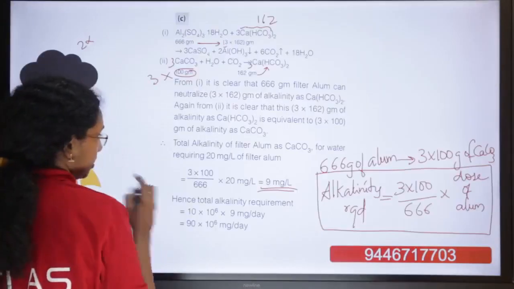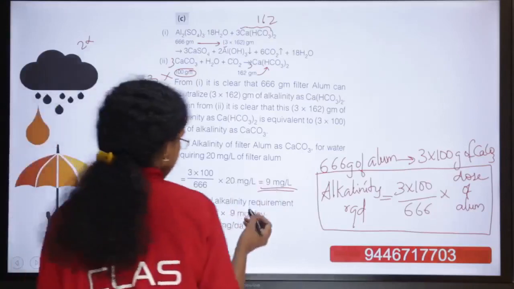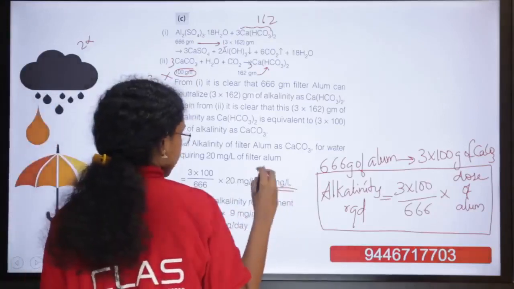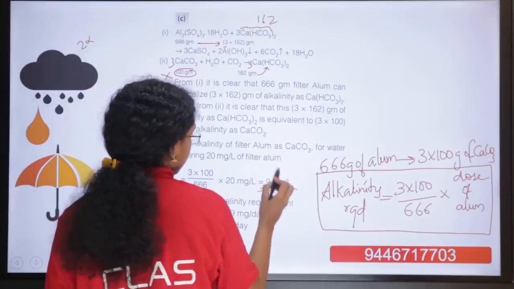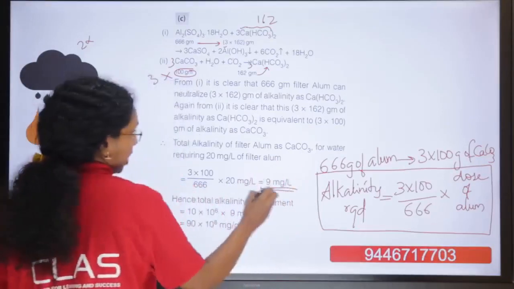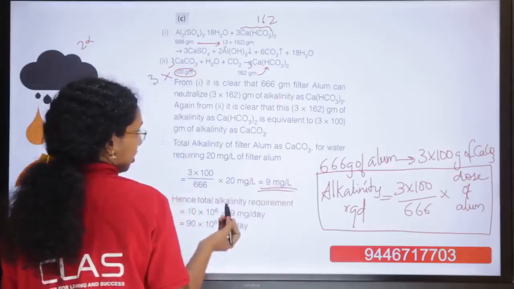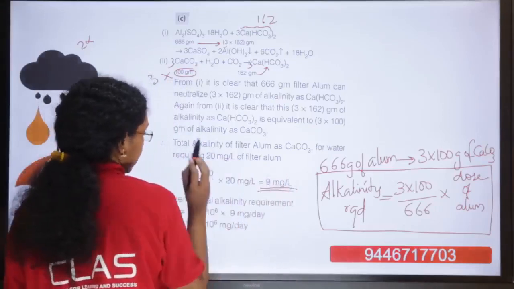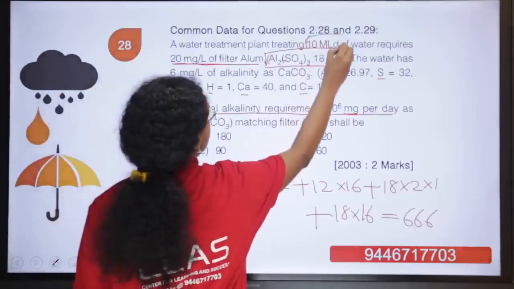So for that, the total alkalinity required is in milligram per liter. Now this is for 1 liter water sample, 9 milligram is the total alkalinity required. So for the total, how much quantity of water is there? 10 MLD.